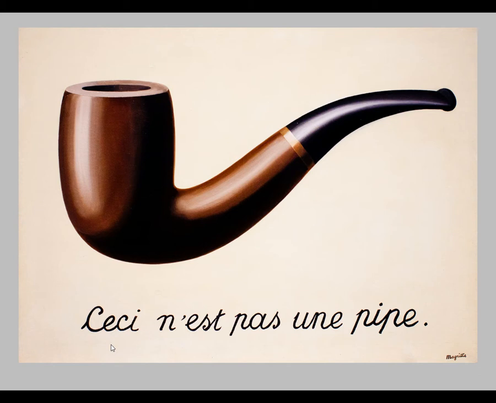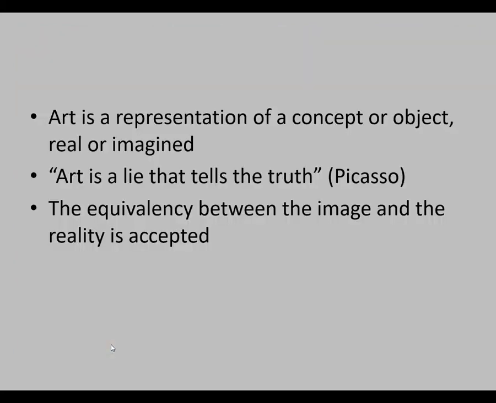And this is an important thing to note because even very early man had the ability to project images and see them or perceive them as the thing. So art is a representation of a concept or object, real or imagined. Picasso liked to say art is a lie that tells the truth.